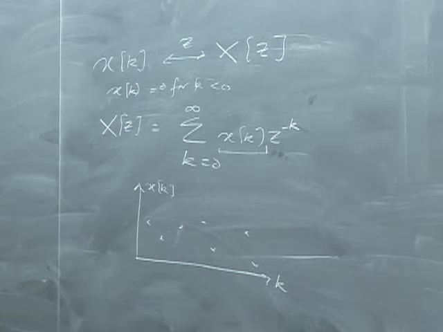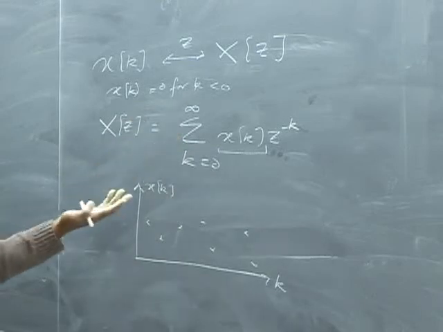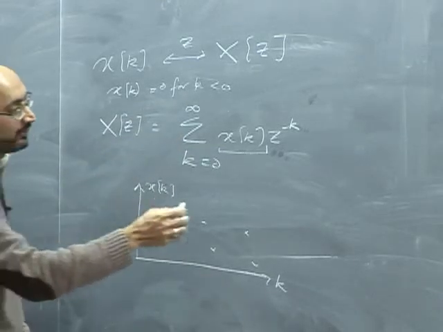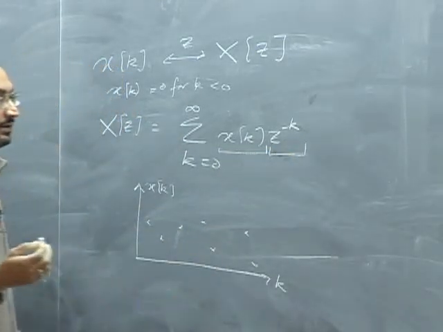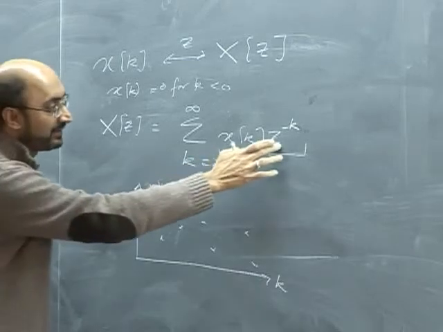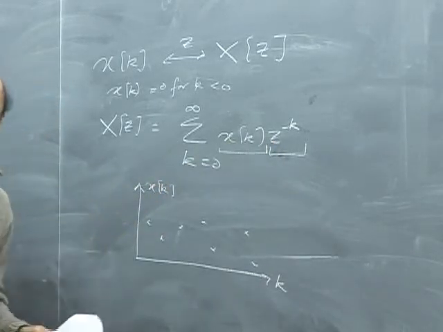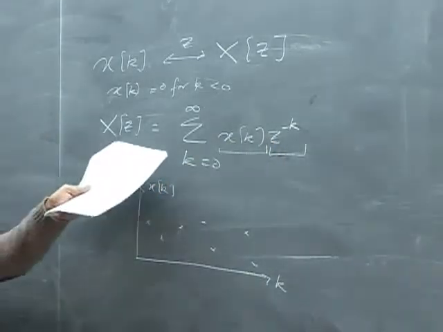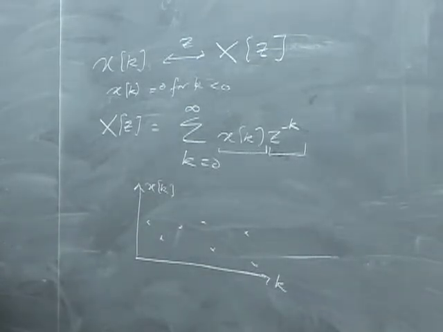This x_k may or may not converge, because it could be some value. For example, if it's just a unit, it's not going to converge. Every time you add a k, the sum is going to be infinite. However, when we multiply it with the helper variable z, if it's large enough, it is going to force the value of this sum to get reduced, to converge.